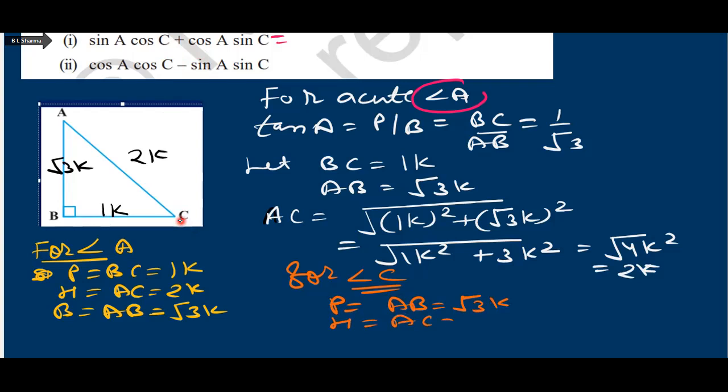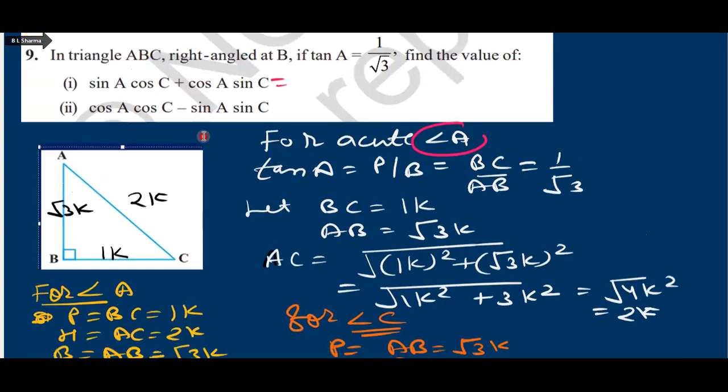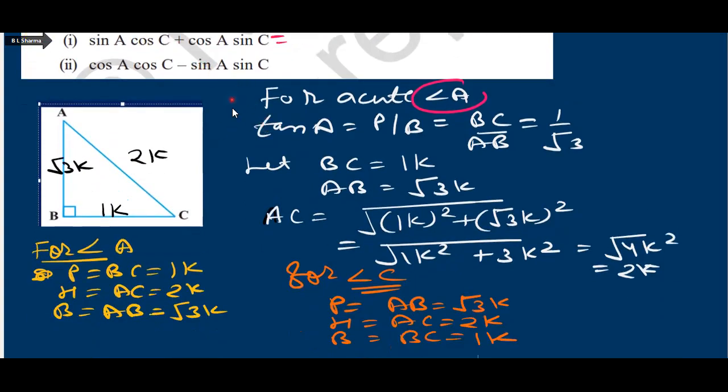Hypotenuse is AC, that is twice of K. And base, that is BC, is equal to 1K. हमने देखा कि जो भी हम एक्यूट एंगल कंसीडर करते हैं उसके सामने वाला साइड परपेंडिकुलर होता है. So for acute angle C, perpendicular is AB, base is BC, that is 1K, and hypotenuse is 2K. Now we need to write the values of sine A and cos A. First part is, I have to remove this.